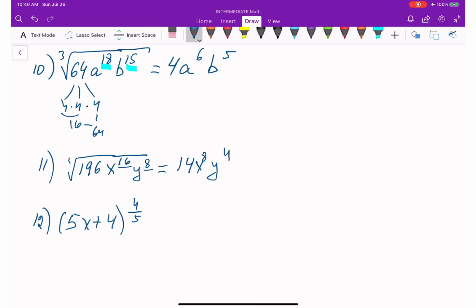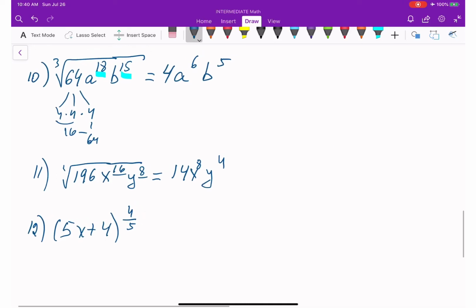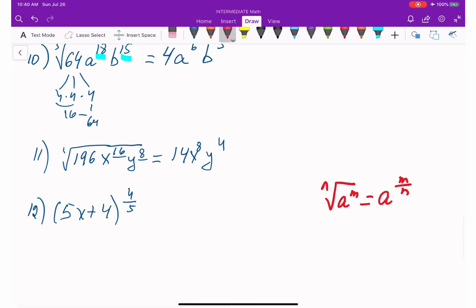Okay, so we know that the nth root of a to power m is equal to a to power m over n. So now we are going to go backwards here. Which means a to power m over n is equal, n comes here and m comes under radical. Well, let's use it.